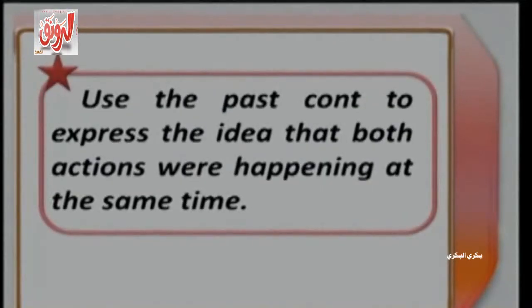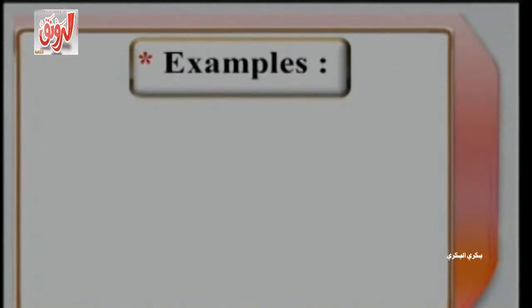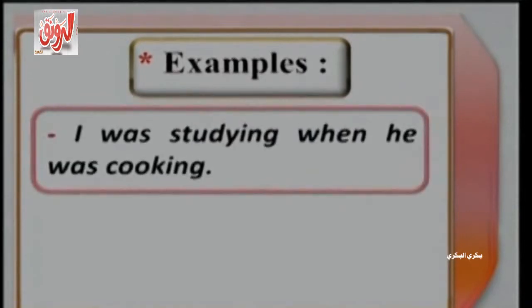Use the past continuous as well to express the idea that both actions were happening at the same time. In other words, to show two long actions. We expect both sides of the sentence to be in the past continuous. See this example: I was studying when he was cooking.